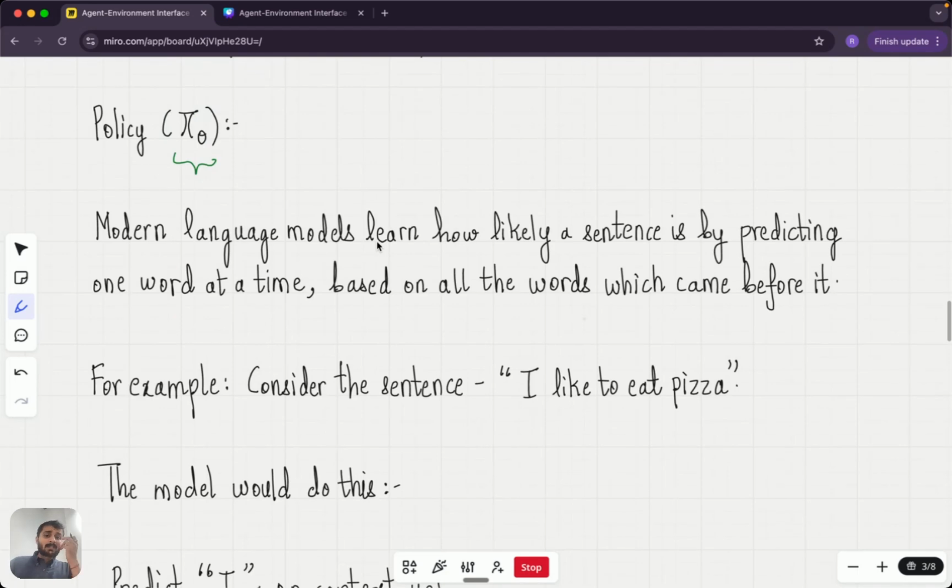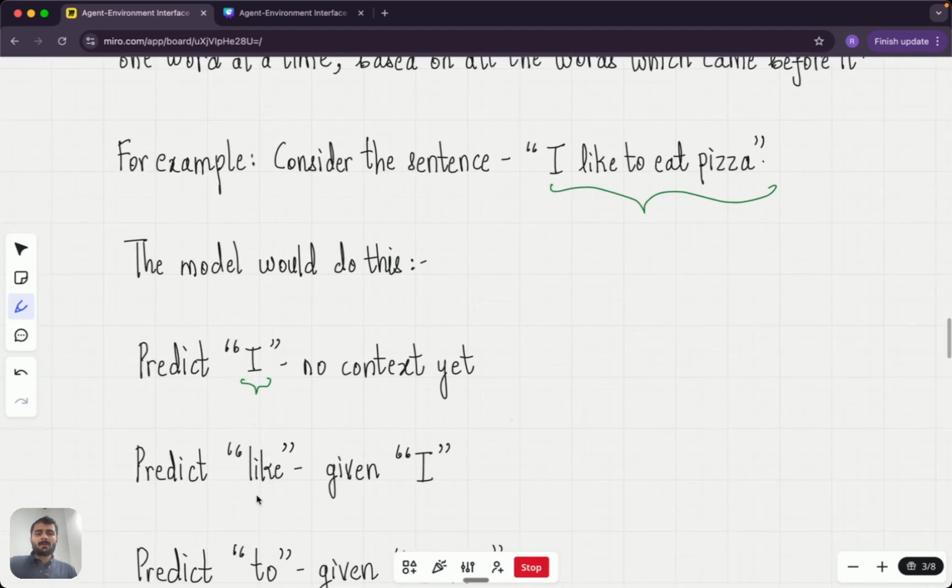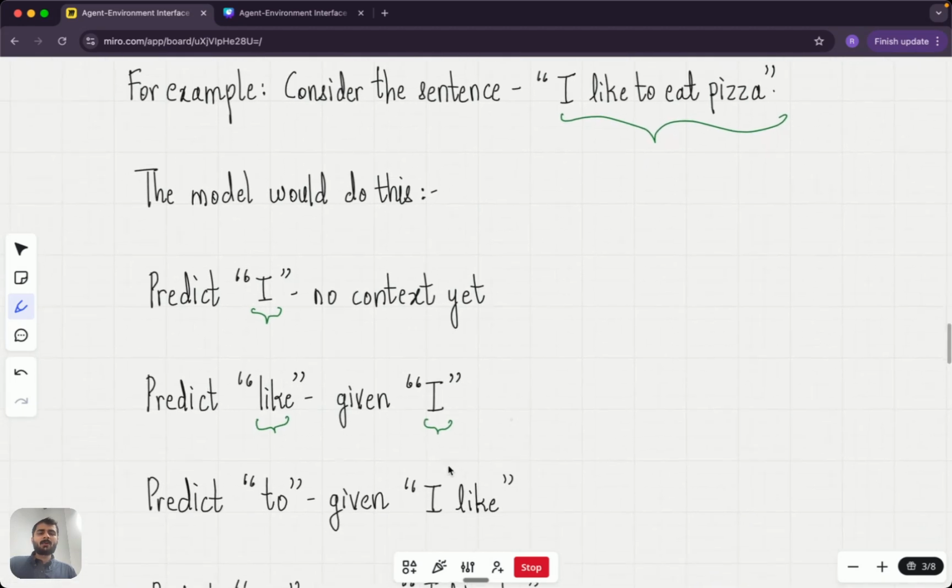Modern language models learn how likely a sentence is by predicting one word at a time based on all the words which came before it. For example, if we have the sentence "I like to eat pizza", initially the model will predict "I", and the context will be just the prompt given by the user. Then the model will predict "like" given "I". Then it will predict "to" given "I" and "like".